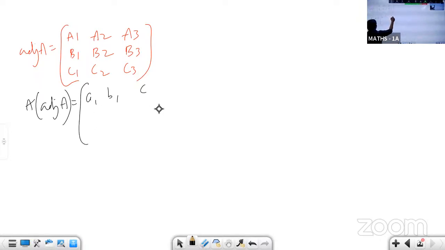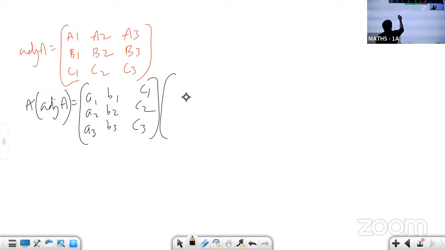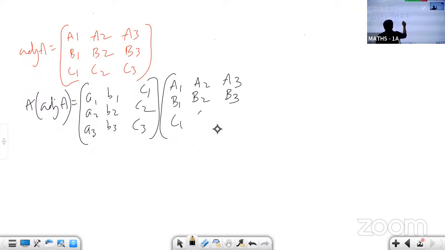Small a1, b1, c1, a2, b2, c2, a3, b3, c3 into adjoint A, that is A1, A2, A3, B1, B2, B3, C1, C2, C3. Just now we found adjoint A, right?